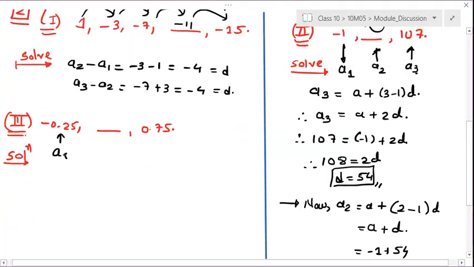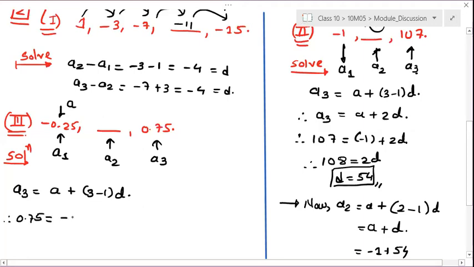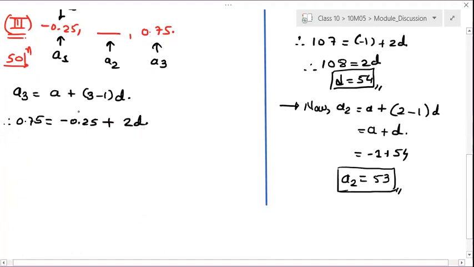So this is your A1, this is A2, this is A3, right? So A3 is A plus (n minus 1) into D, that is 3 minus 1 into D. And A1 is nothing but A only. So A3 is 0.75, equal to A, which is minus 0.25, plus (3 minus 1) times D. 3 minus 1 is 2, so 2 times D. If this minus 0.25 comes to this side, it becomes plus.